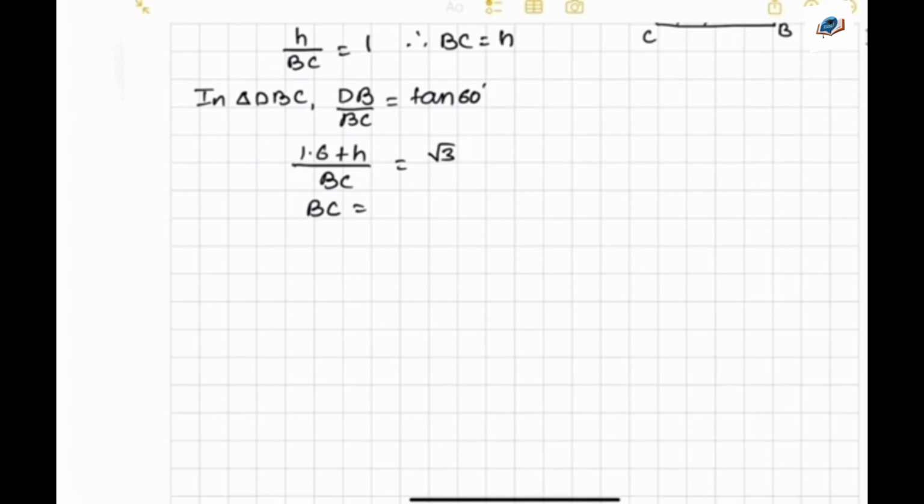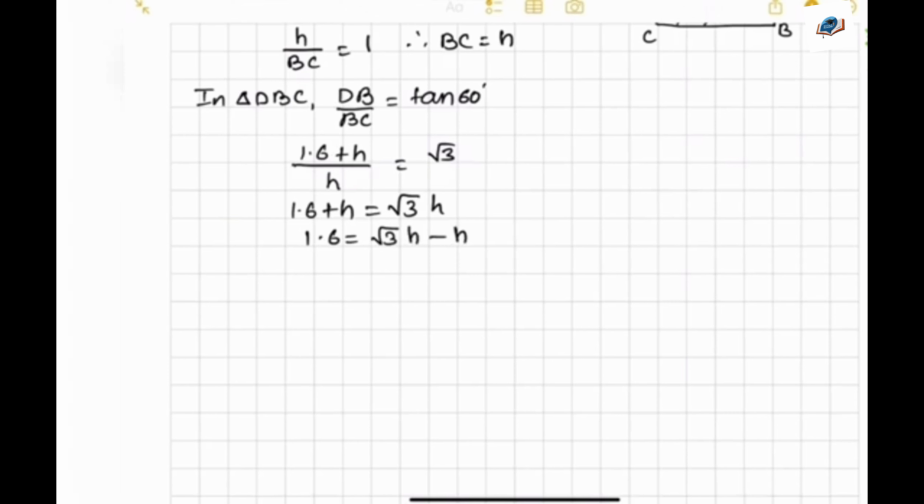So 1.6 plus h upon h equal to root 3. So I can say 1.6 plus h equal to root 3 h.